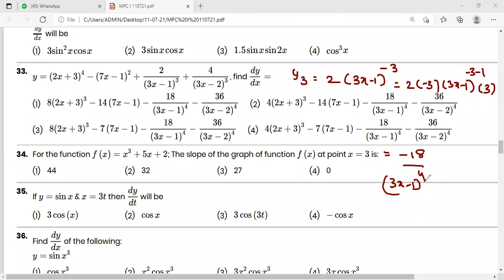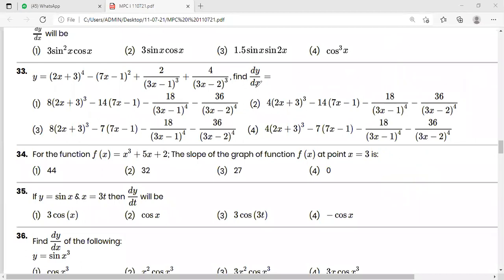In the first option only, the same thing was given. And for the fourth one also, I will write here for the fourth factor. So what is the fourth factor here? 4 into, if it comes to the numerator, 3x minus 2 whole power minus 3. And in a similar way, 4 into the derivative of this function, minus 3 into 3x minus 2 whole power minus 3 minus 1.